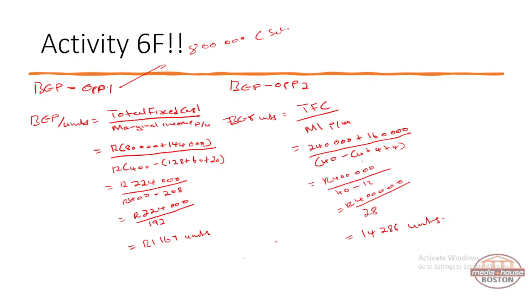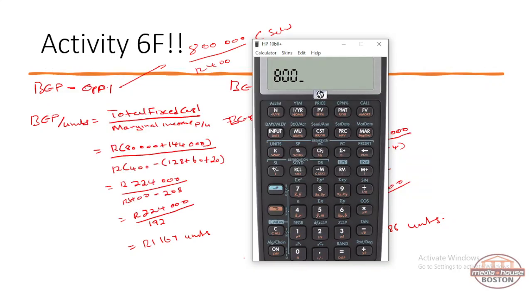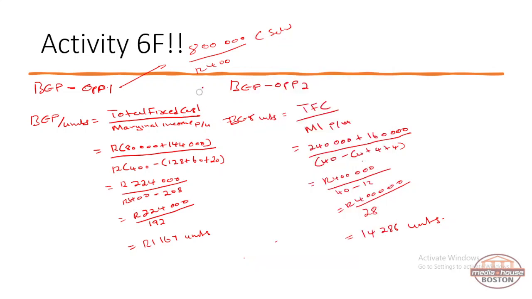So this is our sales. All of this will be divided by 400, which is the selling price. So therefore, we are going to have 800 divided by 400. So this will give us 2000 units.